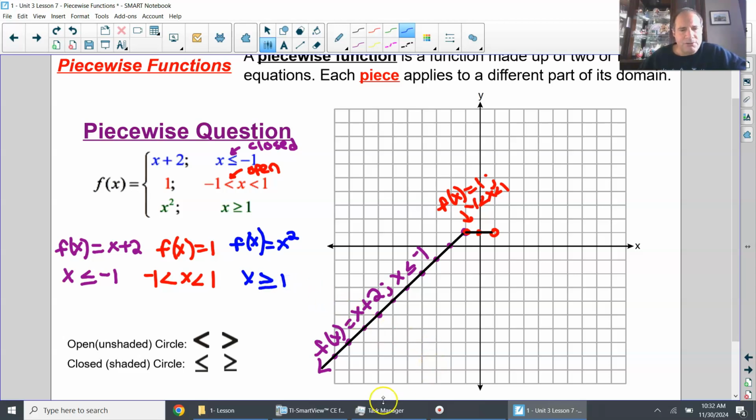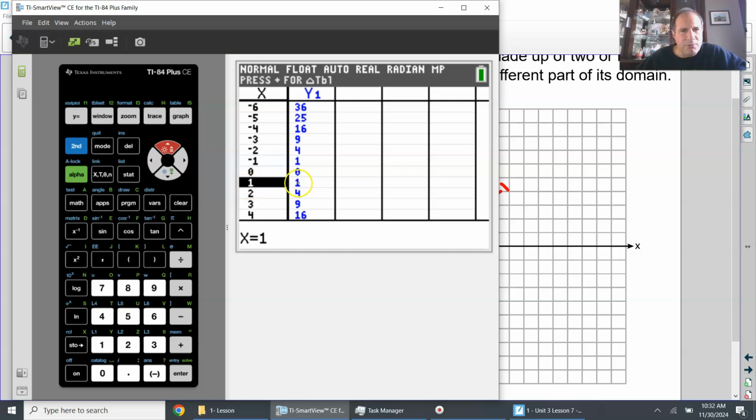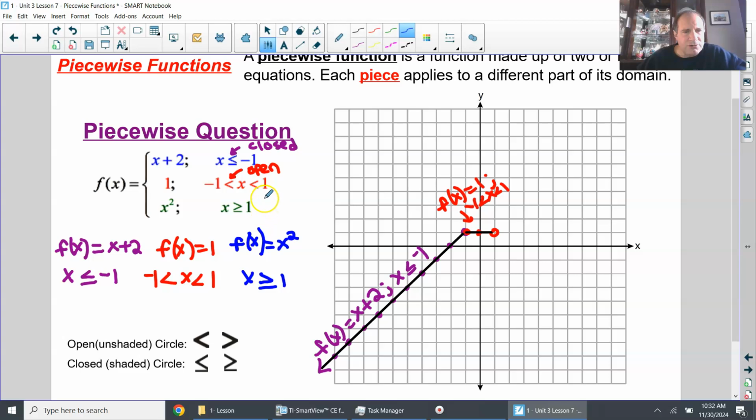We're just going to go back to the calculator. See 1, 1. That is our first point. It is a closed circle. So there's the 1, and it actually closes that open circle that we had here in that second function.